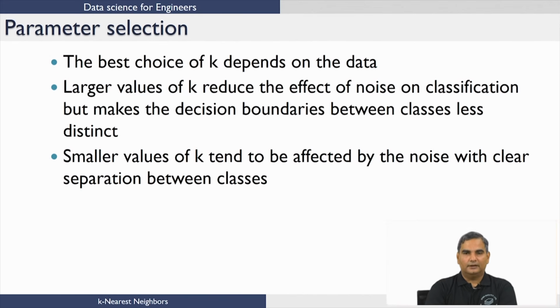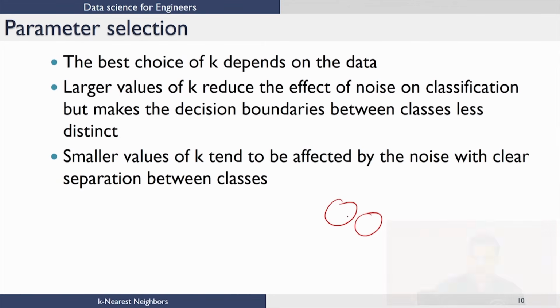However, if you take a large number of neighbors, then your decision boundaries are likely to become less crisp and more diffuse. Because if, let us say, there are 2 classes like this, then for this data point, if you take a large number of neighbors, you might pick many neighbors from the other class also. That can make the boundaries less crisp and more diffuse.